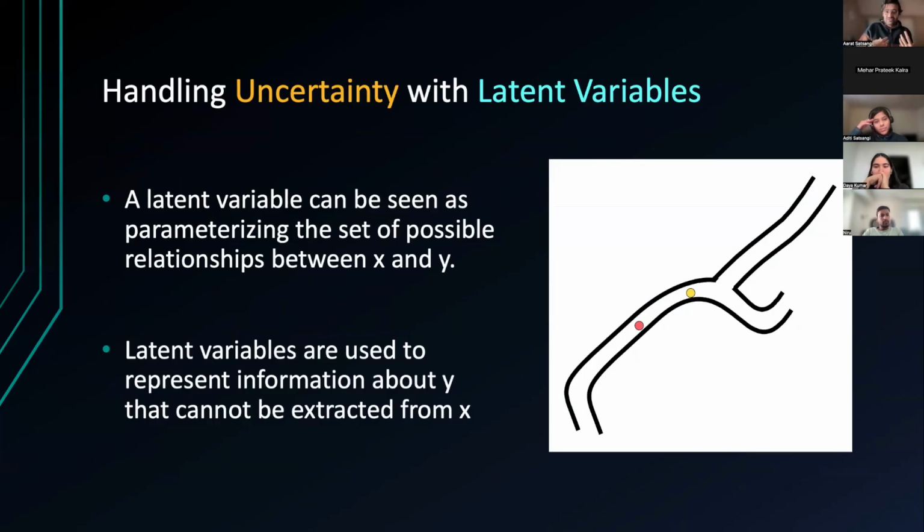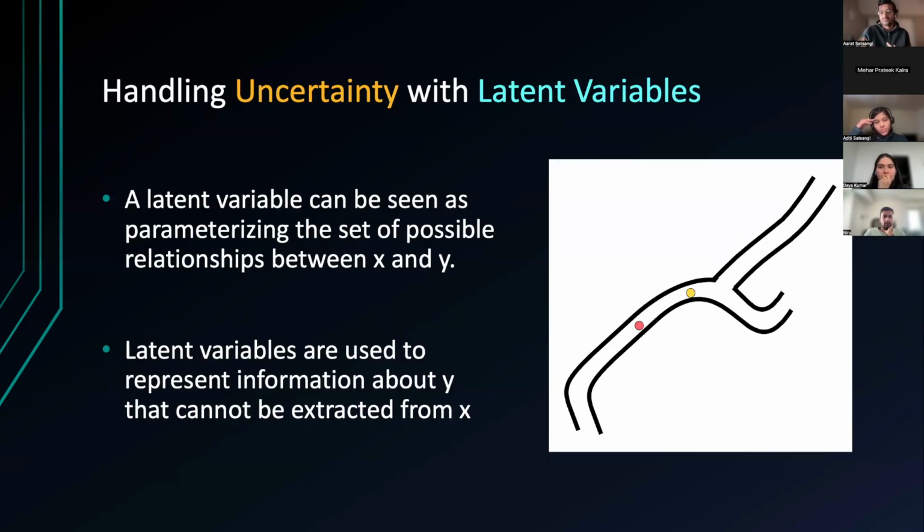Latent variables are used to represent information about y that cannot be extracted from x. Just like in the signal which we had masked out, we don't know how we could connect those two points of the signal. There can be many ways to do that, so latent variables are used to represent that information.